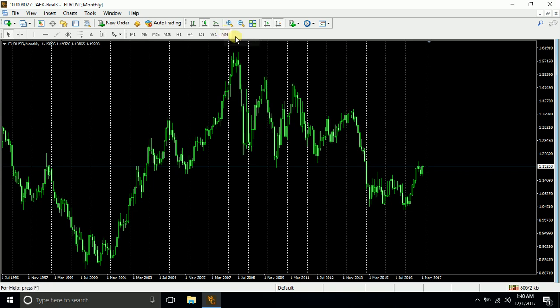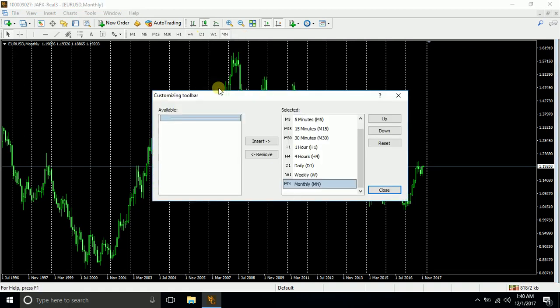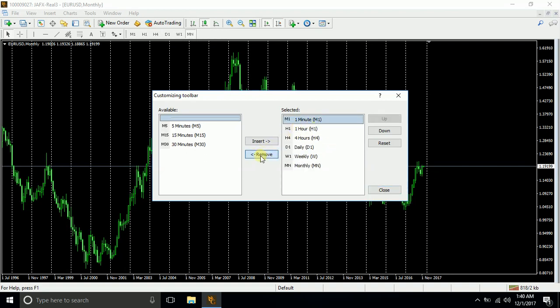I'm on the monthly time frame. As a matter of fact, I'm going to customize this time frame. I want you guys looking at anything smaller.